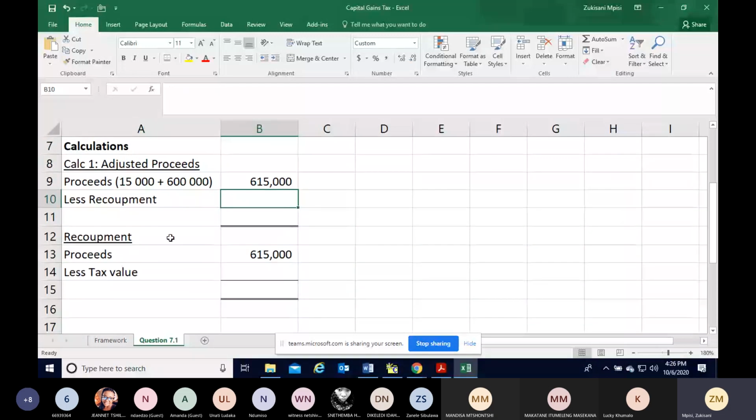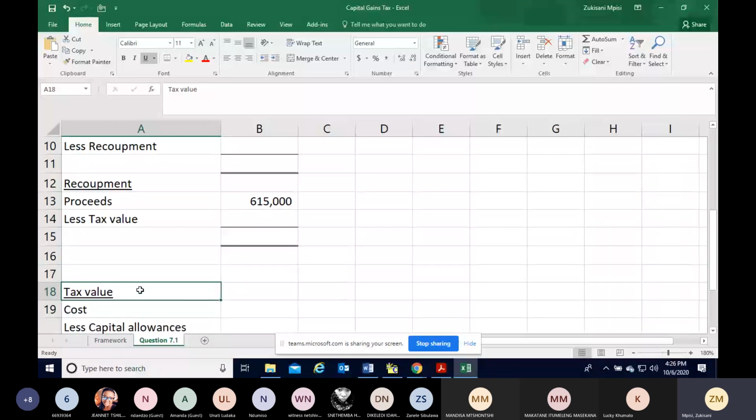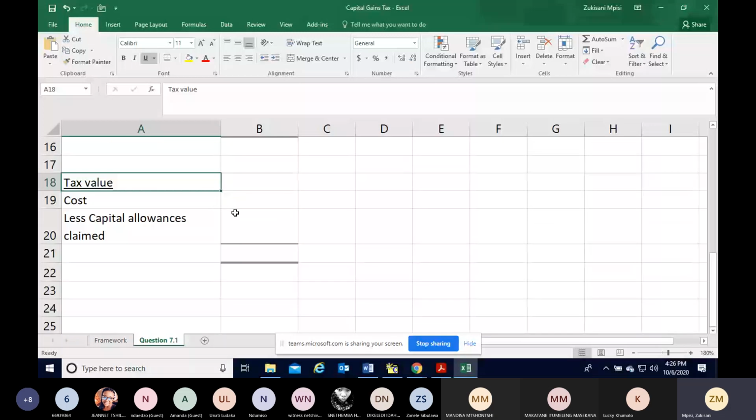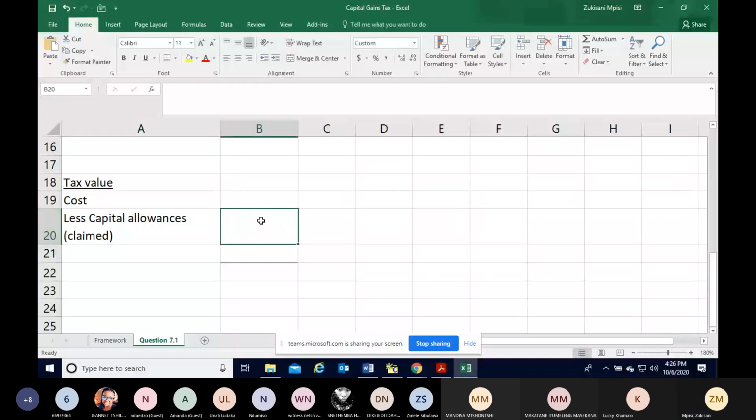We need to calculate recoupment, which is proceeds less tax value. We see that we do not have tax value, so we have to calculate the tax value. Tax value is cost less capital allowances, and I'm showing you here in brackets that it is capital allowances previously claimed.